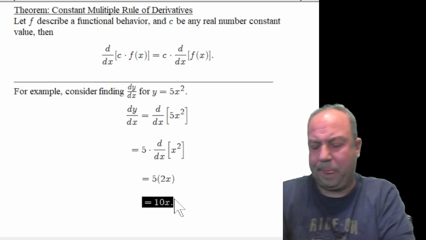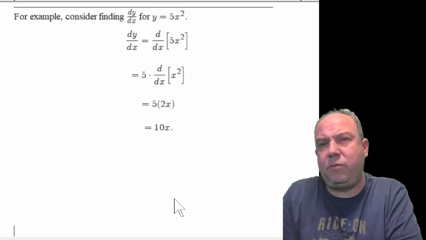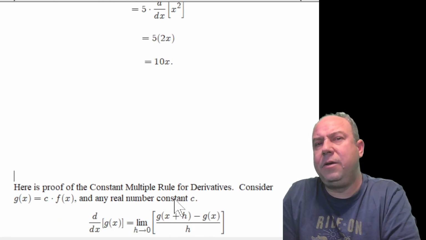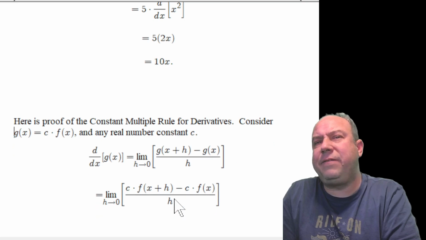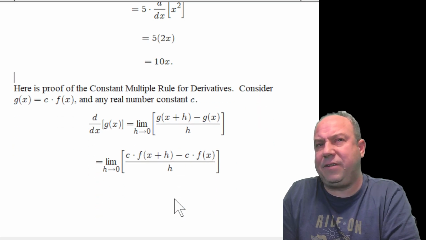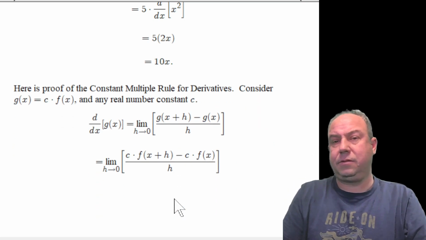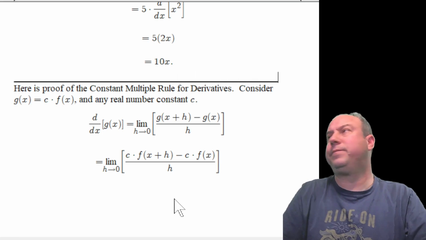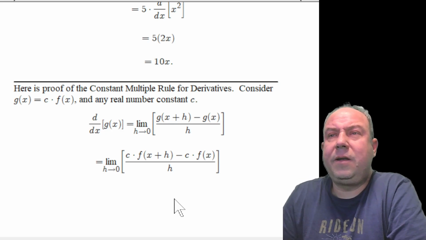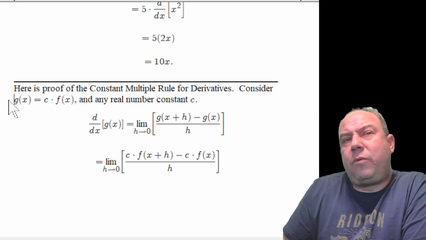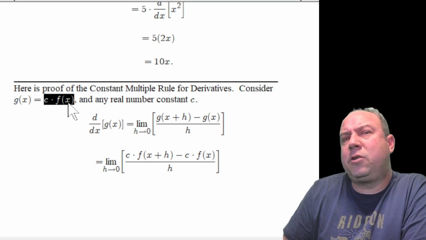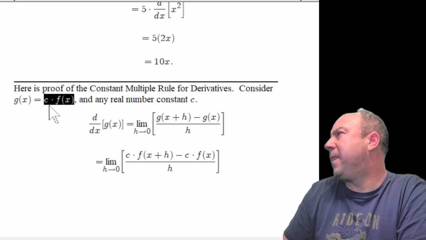All right. Now a little bit of proof. What we do is we use the definition, but we start off by defining function g of x in the definition. Here's the proof. Right? What we define g of x to be is the function formed by taking the constant multiple of function f.